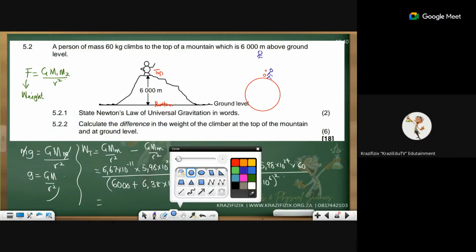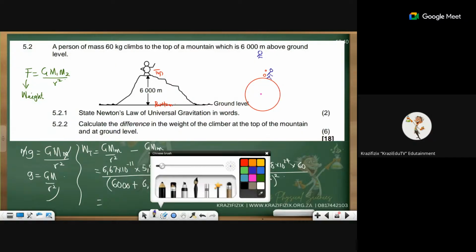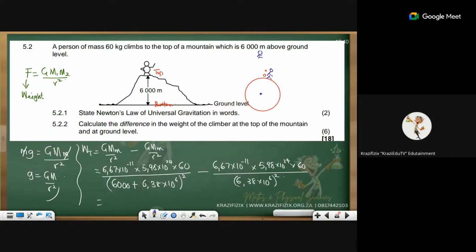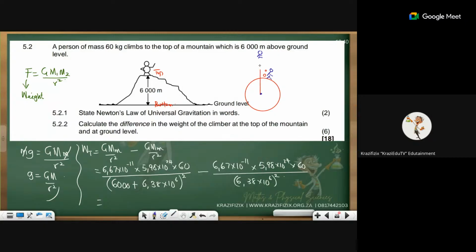Everything is in reference to the center. So when the guy was 6,000 above, it is the radius plus the distance above. Yeah, it's just the radius.